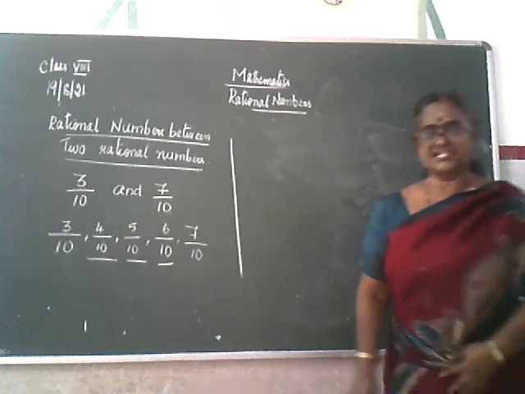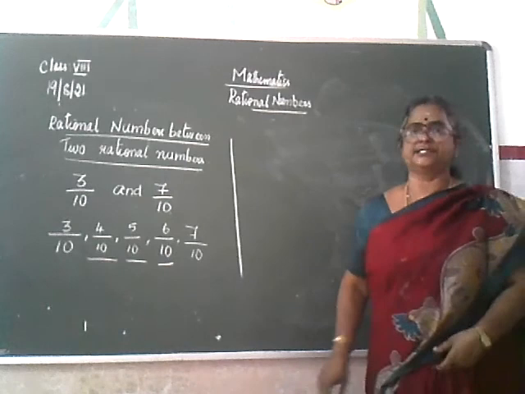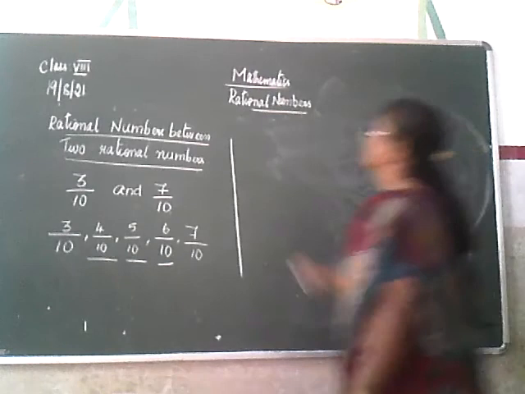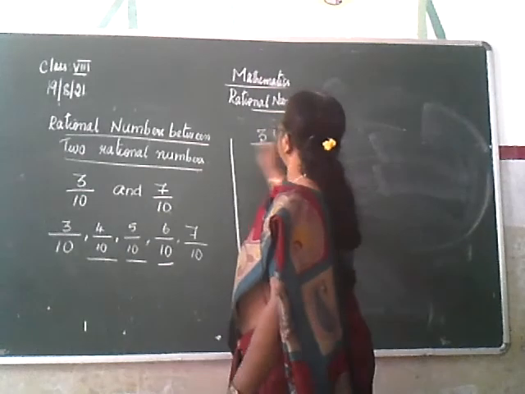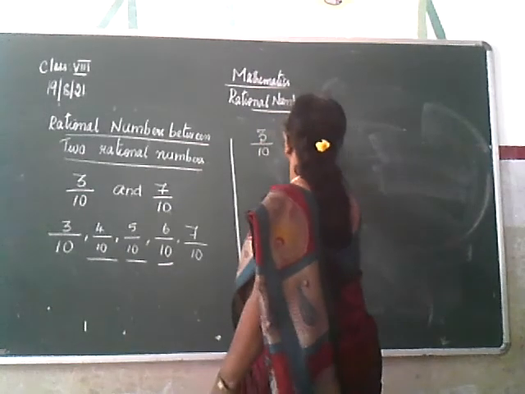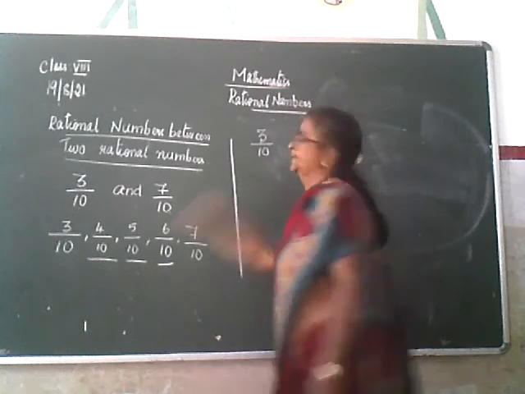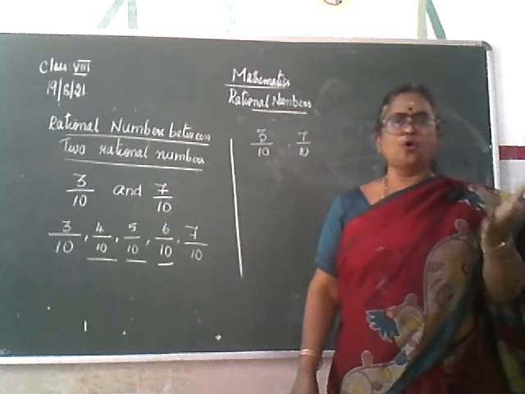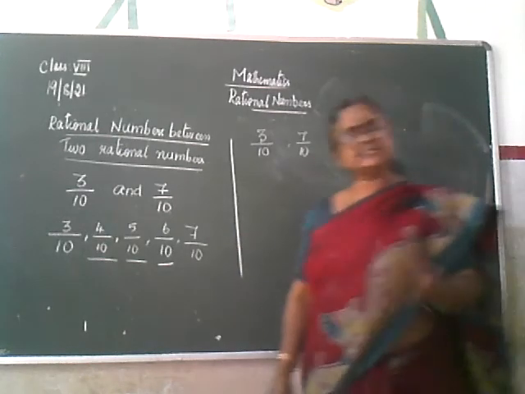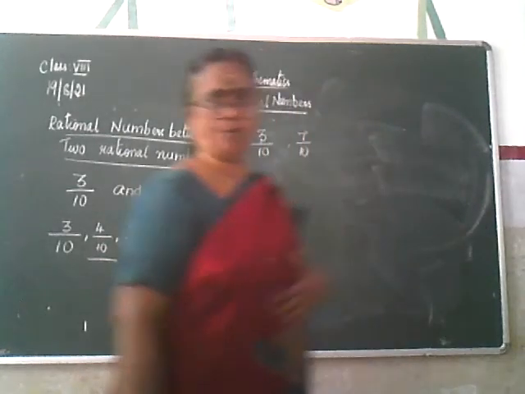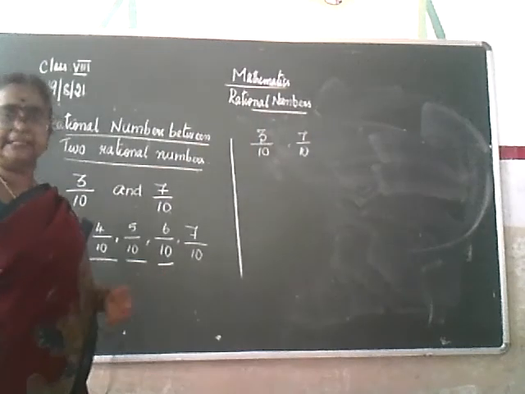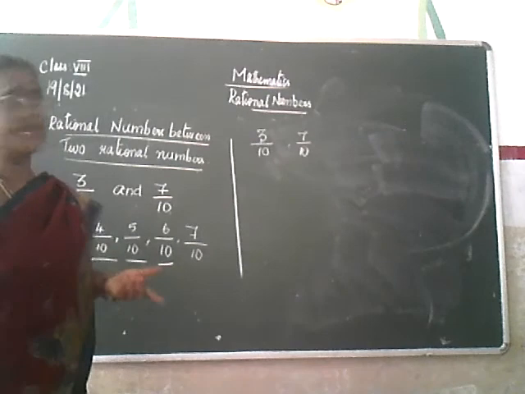Infinitely many rational numbers can be written between any two given rational numbers. So, how is it possible? See, here only 3 I got. Miss, you told infinitely many. Yes, I can change the denominator by multiplying both numerator and the denominator by the same number.